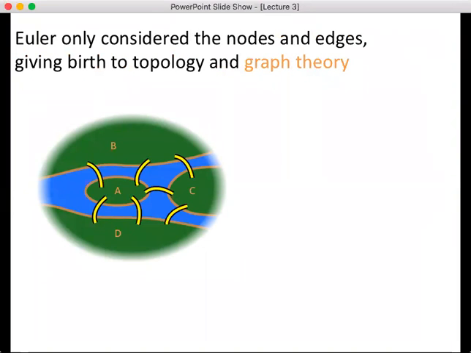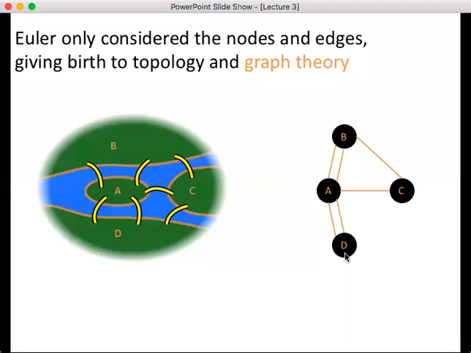We can go one step further and make it into just nodes of a graph, A, B, C, D, and links between these nodes. So this is the graph that represents, for what we care, the city of Königsberg.